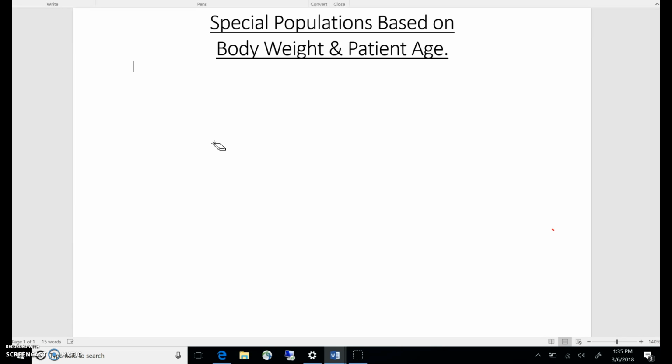Use the same formula for body surface area for adults who do not meet the standard weight and height sizes. Show your calculations, round to the nearest hundredth for dosage, round to the nearest tenth for volume, and you can use a calculator.